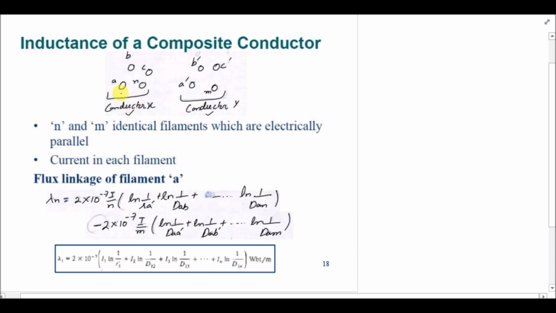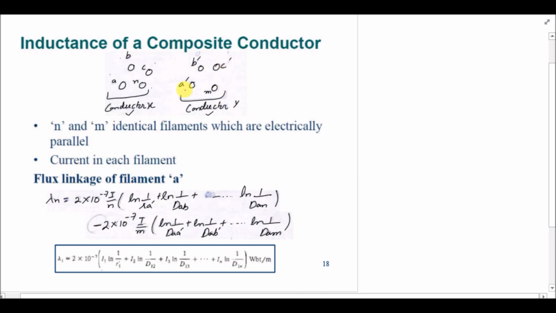The strands of conductor X are A, B, C, N, and for conductor Y they are A dash, B dash, C dash and M. As I defined earlier, for the composite conductor all the strands should be electrically parallel. So all these N strands are electrically parallel and all these M strands are electrically parallel.